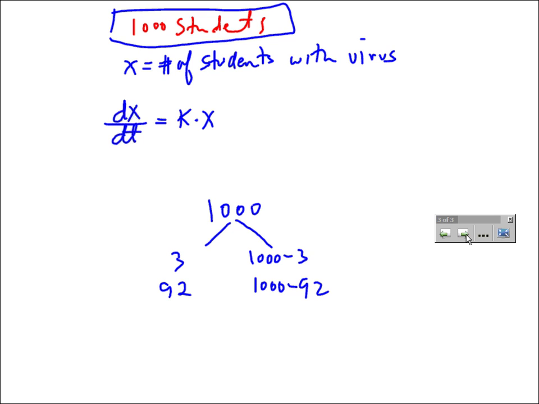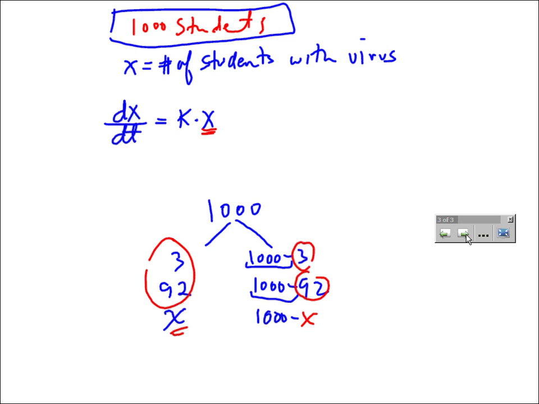You need to think, oh, I have to do 1,000 minus 92. Well, if X students are infected, well, let's see. I've always been writing 1,000 minus. Well, let me write it now. My goodness, where are these numbers coming from? I don't understand this. Oh, wait a minute. They're coming from there. So I'm going to write x.